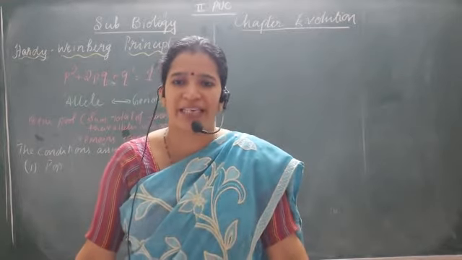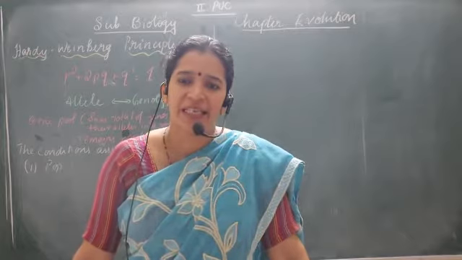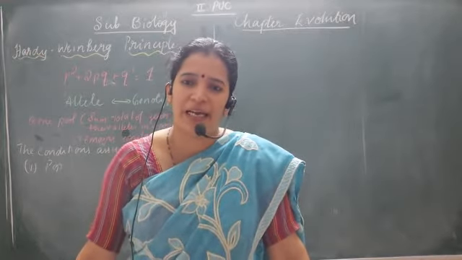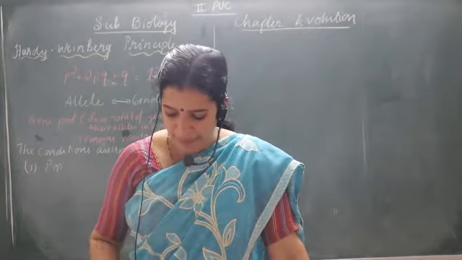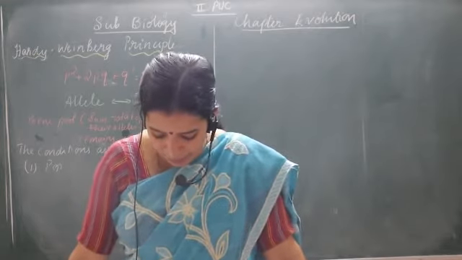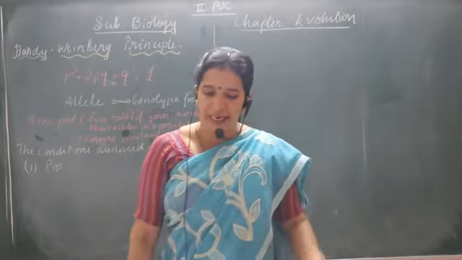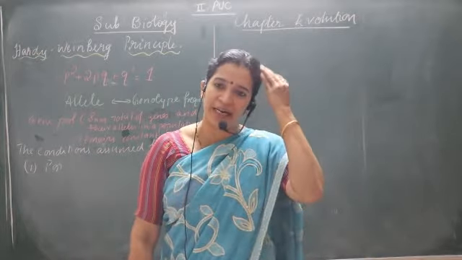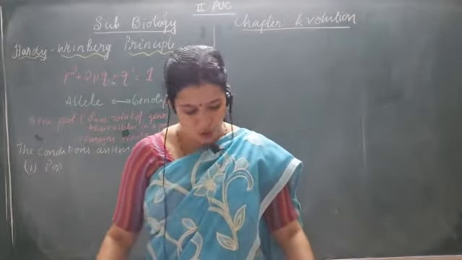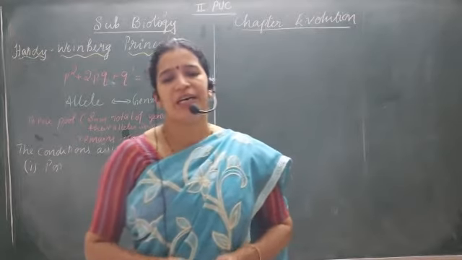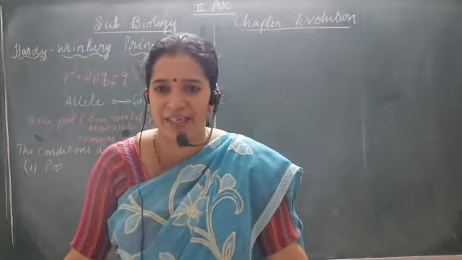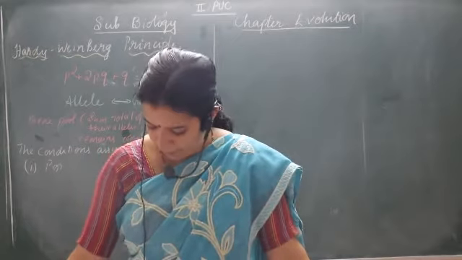So we selected the gene as A and a, and the alleles will be capital A and small a. In diploid individuals, they may remain either in the homozygous dominant condition, the homozygous recessive condition, or the heterozygous condition.